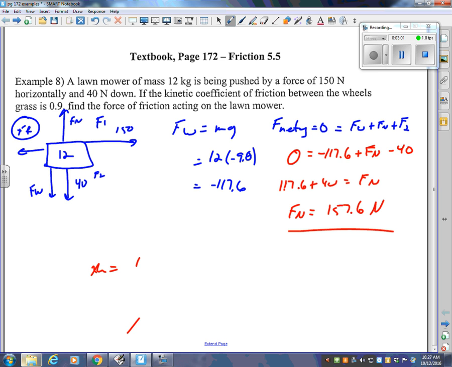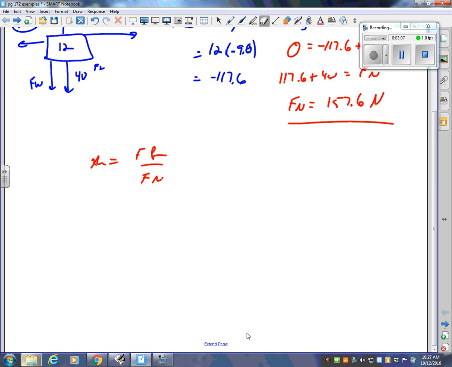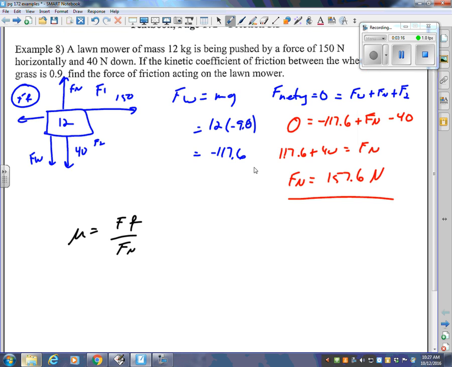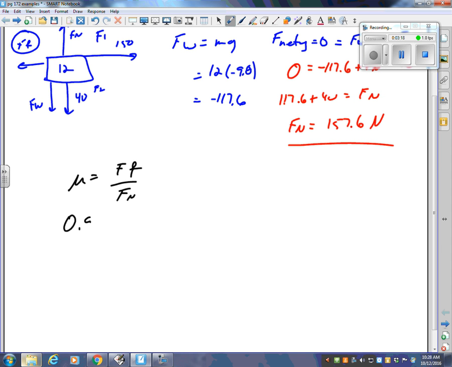Mu equals FF over Fn. The mu value was 0.9. It's apparently on gravel. Solve for friction force.